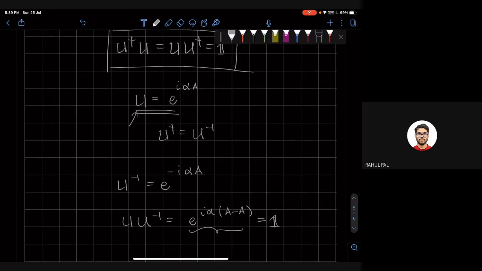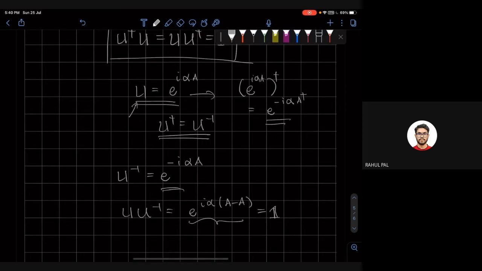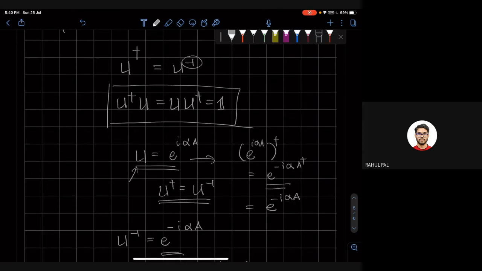So now, does U dagger give me U inverse? Well, if I start with U and take its dagger, then on the right-hand side I get e to the power I alpha A, all daggered. So I becomes minus I, alpha is a real number, and A becomes A dagger. So for this thing to be equal to U inverse, we see that A dagger has to be equal to A. So we see that for a unitary operator, A needs to be Hermitian.